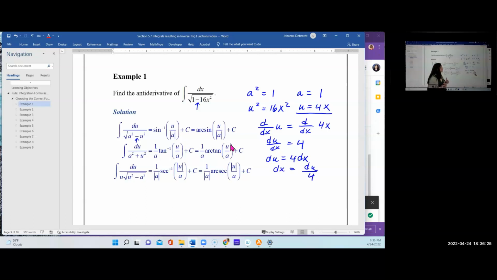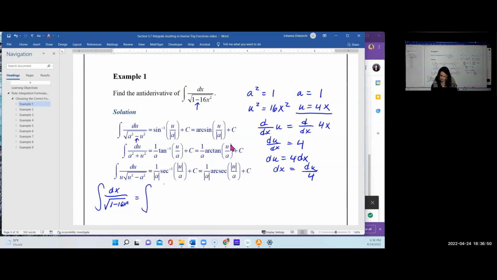Now we have something to represent each piece in the original integral to convert it into one that looks like the integral on the left side of the arcsine antiderivative. Now what we want to do is substitute. So we have the integral of dx over the square root of 1 minus 16x squared equal to the integral.